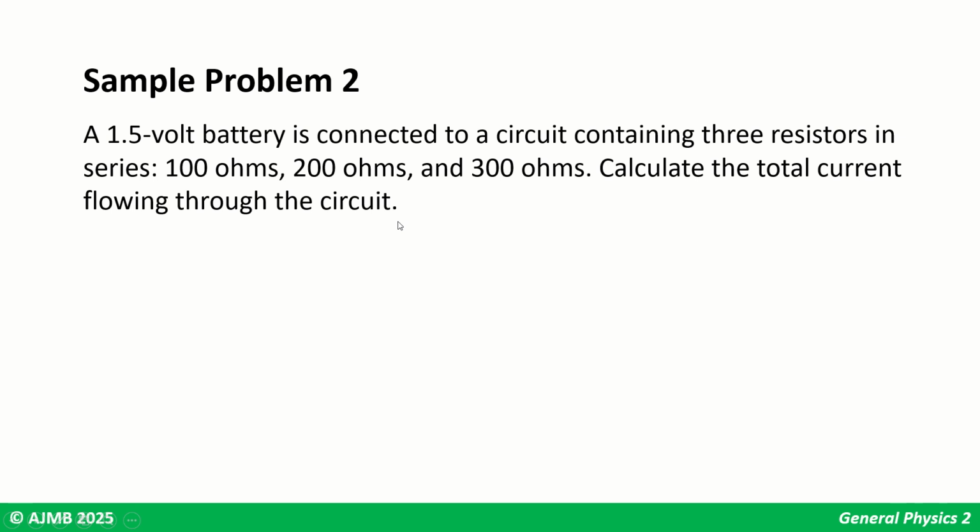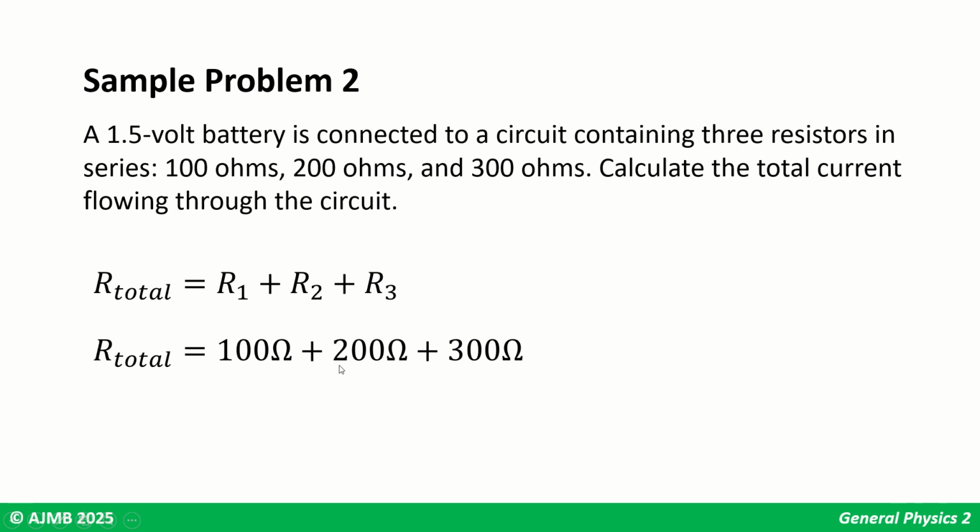That gives you an idea that maybe I have to compute for the total resistance first, right? Since your resistors are in series, which is very important, you just need to add up your resistances. R1, R2, and R3. The sum is 600 ohms.